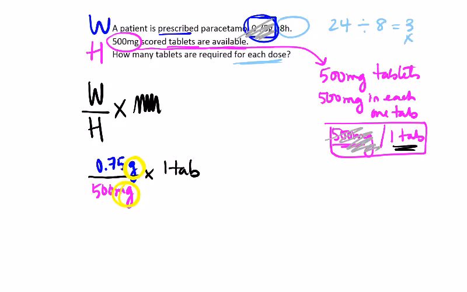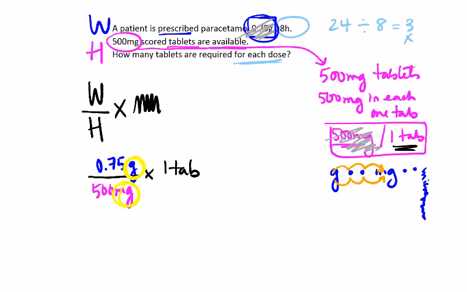So which one is easier to change? Probably the grams, because it's easier going from a bigger unit to a smaller unit. So from grams to milligrams, we actually go 1, 2, 3 decimal places to the right, or we multiply the quantity by 10, 100, 1,000 times.